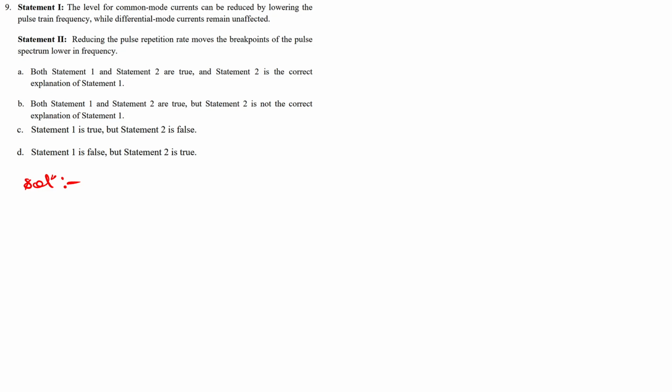Since these will move the two breakpoints, the breakpoints were 1 by pi tau and 1 by pi tau r, right? These will move the two breakpoints of the pulse spectrum lower in frequency, causing the spectrum to roll off at a faster rate at this frequency.